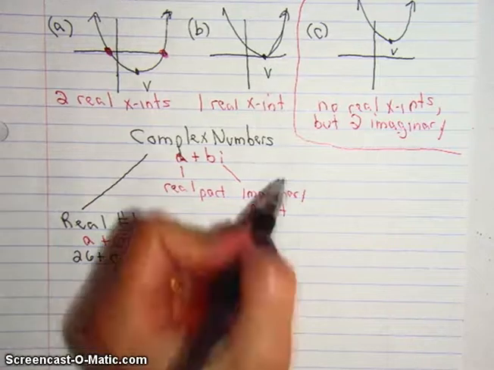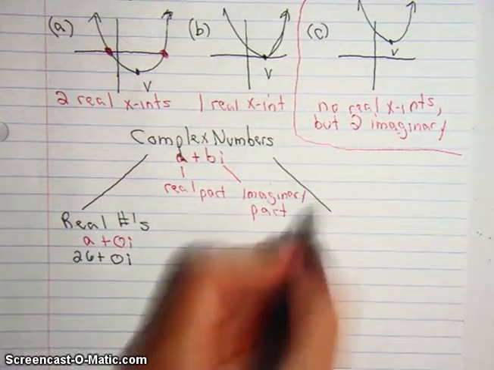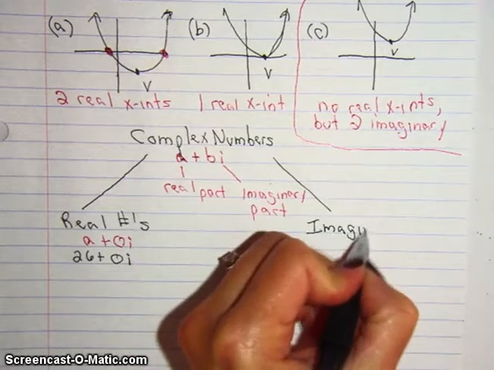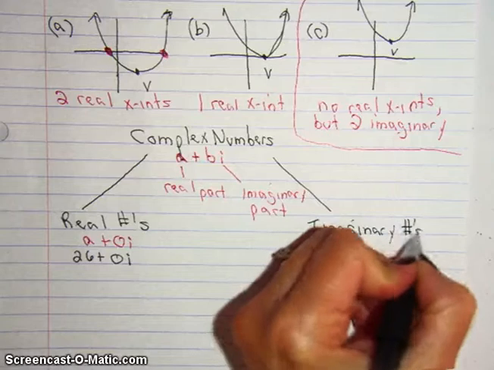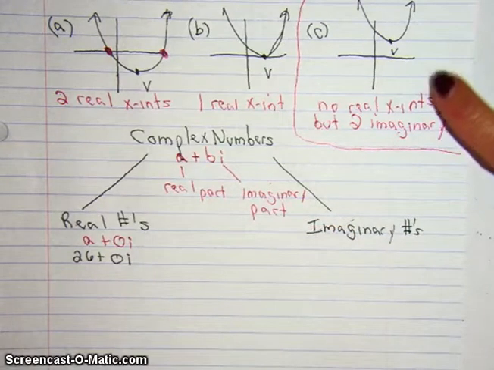Okay. All right. Off the other side of complex numbers is imaginary numbers. Those are the kind of numbers you're going to get as solutions for this kind of parabola.